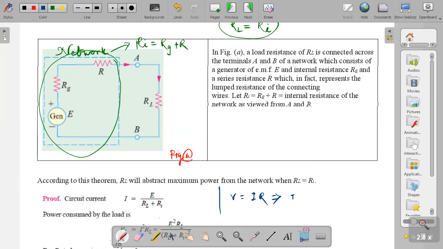If you want to find the current, I equals V by R. In this case, V is equal to E, and R is the total resistance, RL plus Ri. Is it correct, dear student? Therefore we can write equation number 1.